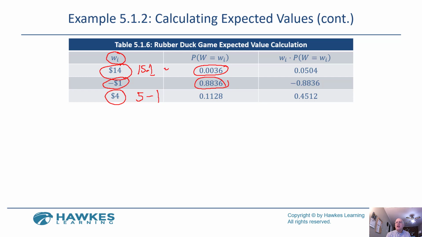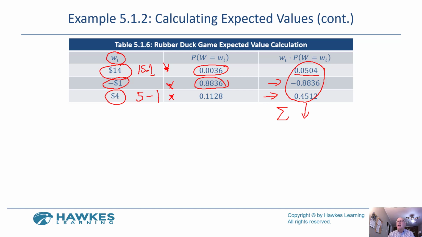Multiply these two together. $14 times 0.0036 gives you that. Over here, multiply, you get that, and that product. And at the end, once you've got those three products, add those together to get your expected value.